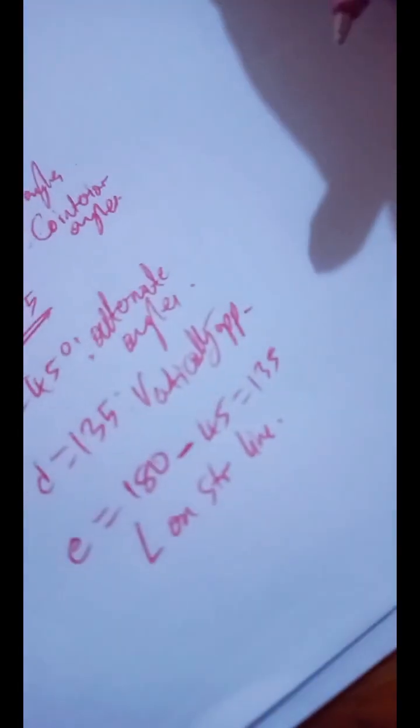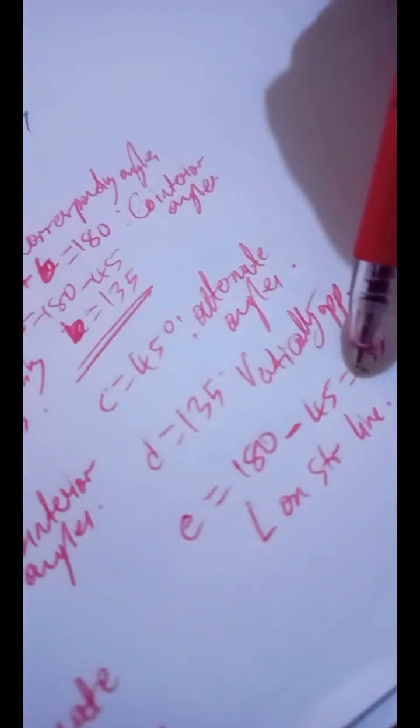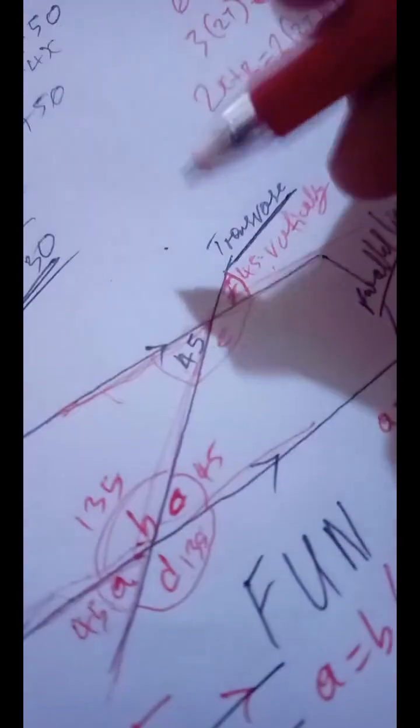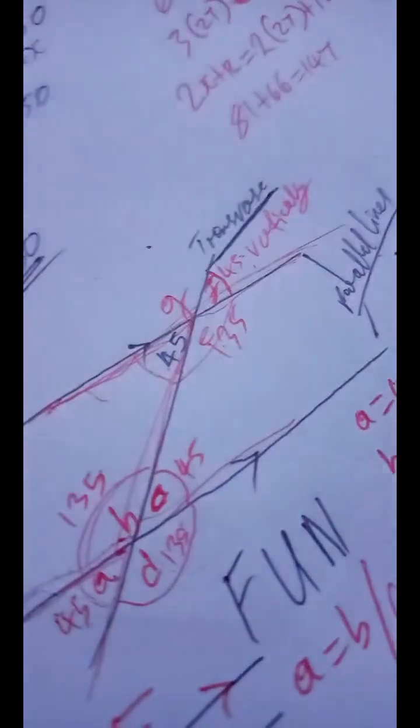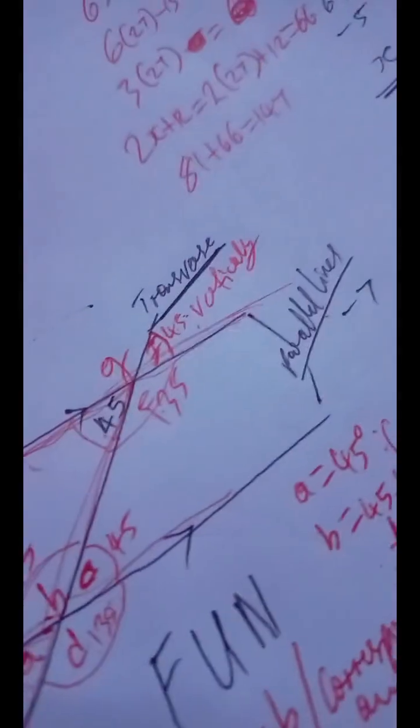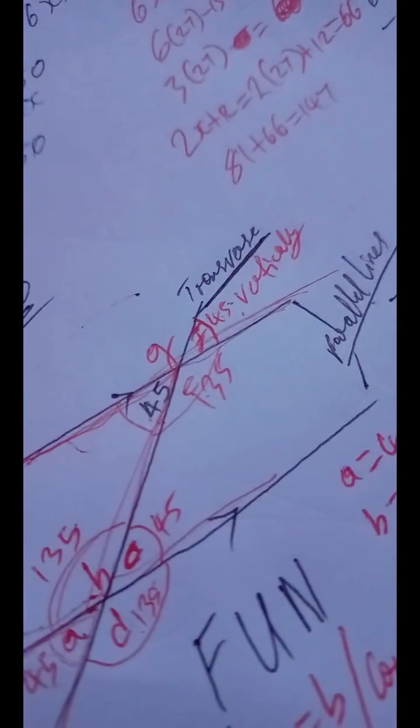And then we say E is 135. Why? Because it's on a straight line. So E is 135. What is G? How many degrees is G, guys?